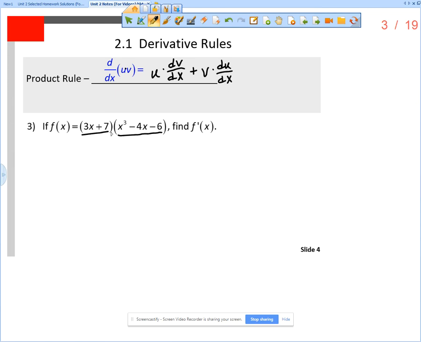All right, and so the way I remember it is just say first times derivative of the second thing, so the first function times the derivative of the second function, plus the second times the derivative of the first.